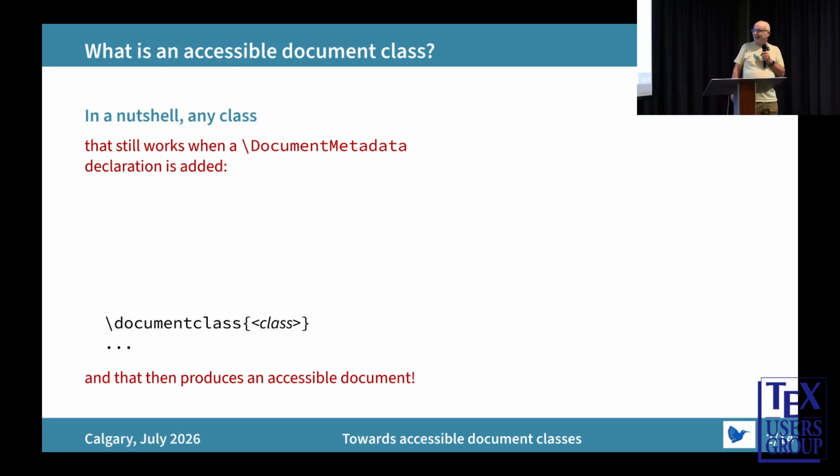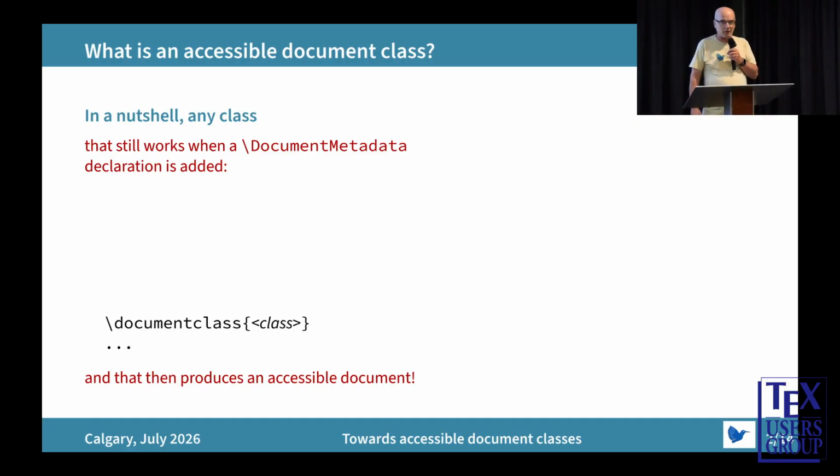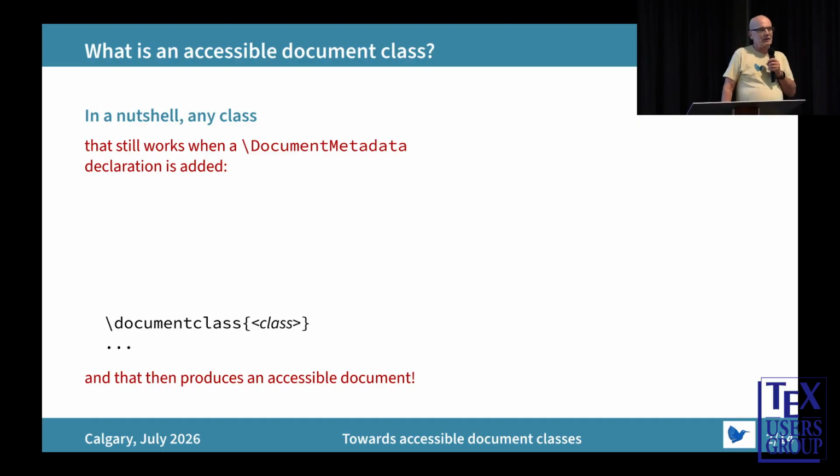Second, it does produce an accessible PDF document. I'm not going to go into what is an accessible document here. Let's say one that complies with the UA standard, which doesn't necessarily mean it is accessible, but it's the best that we can do sort of automatically.